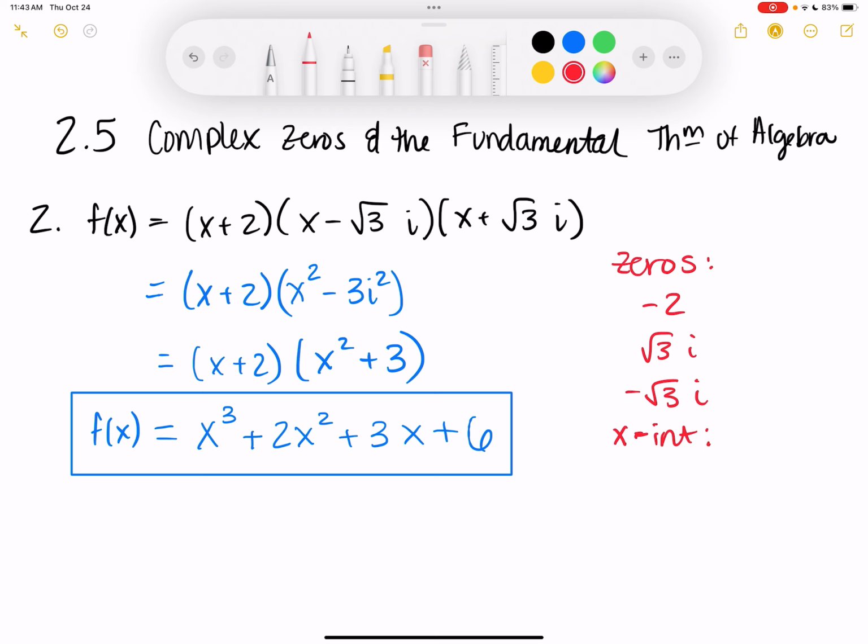That's where it crosses the x-axis, right? So what would my intercept be? X equals -2. The other two are not intercepts because these are what kind of numbers? Imaginary. Okay, so those would not be intercepts. The only ones that are going to be intercepts are real numbers. So that's all you would have to have for that one: the zeros, the intercepts, and then standard form.